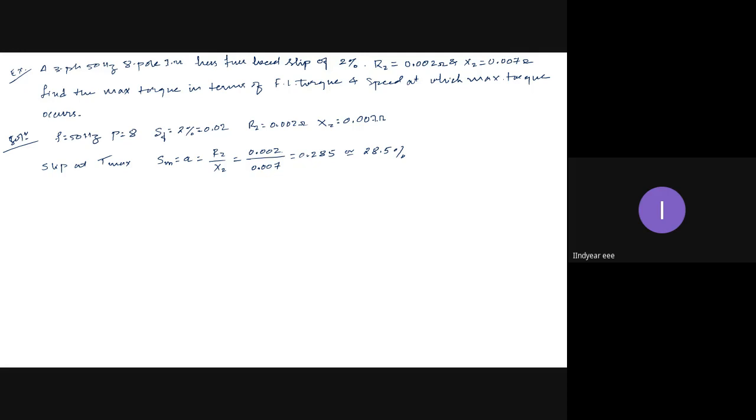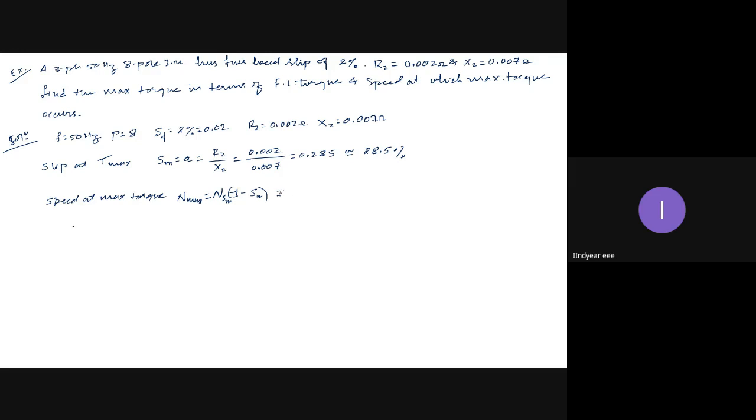Then I can write speed at maximum torque. N max is equal to Ns into 1 minus Sm.